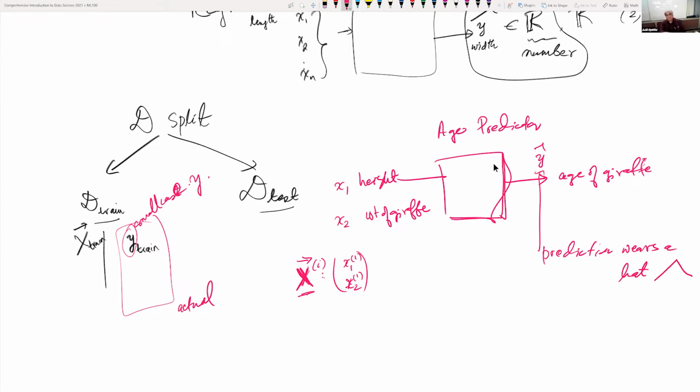And notice that we are using all Roman letters. Whenever you see Greek letters, like for example, beta naught, beta 1, etc., you can rest assured that these are the parameters of the model, in other words, artifacts or parts of your hypothesis.